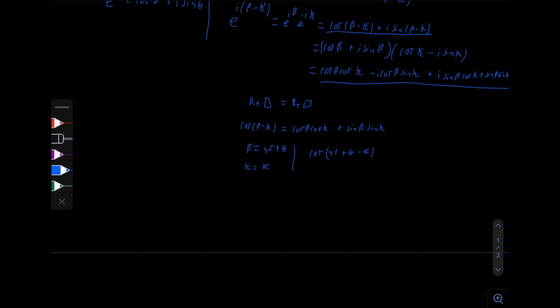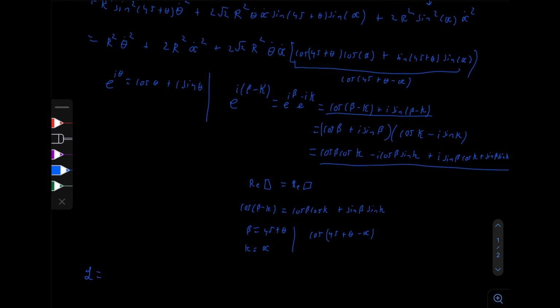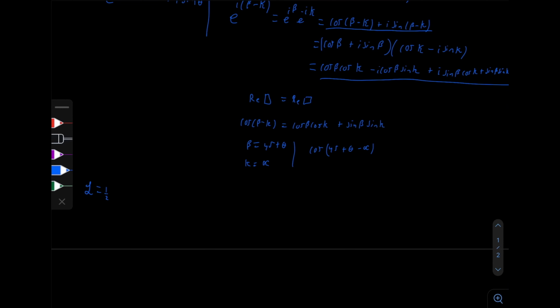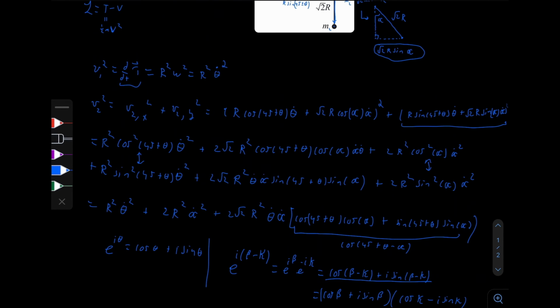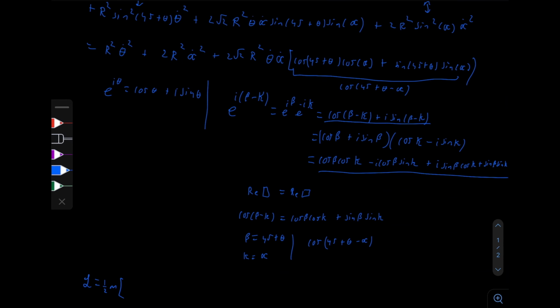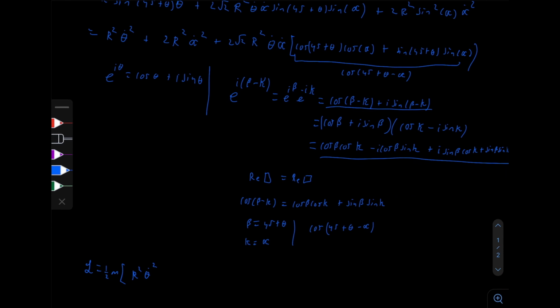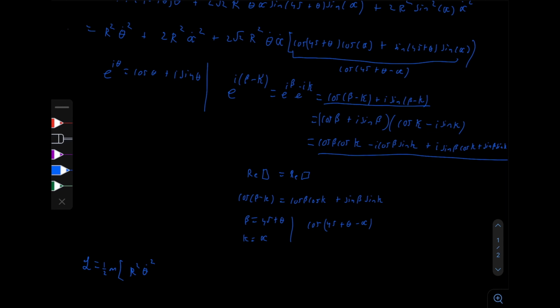Let's write down a Lagrangian, because the potential is pretty easy. We can just do it on the fly. So we're going to have a 1/2 m times v1 squared plus v2 squared. So v1 squared is r squared theta dot squared, right? v2 squared is this line.